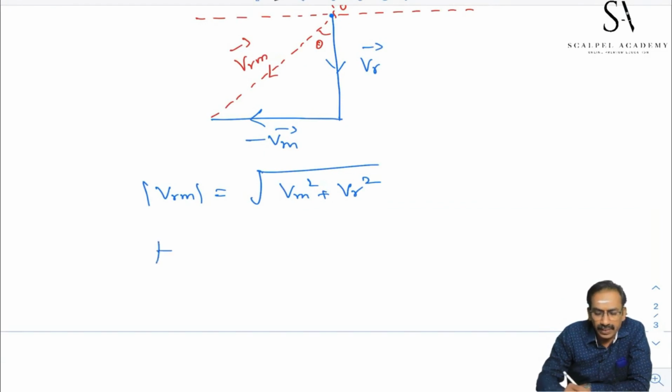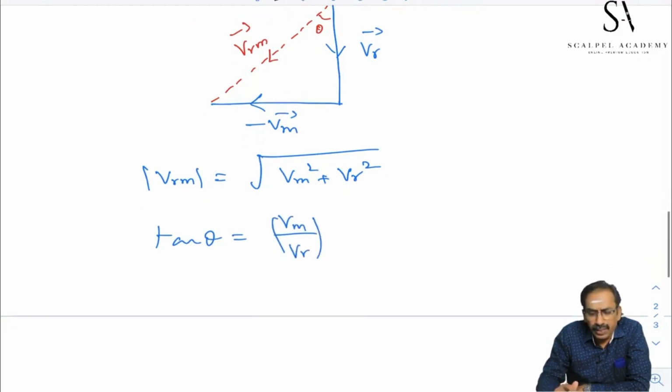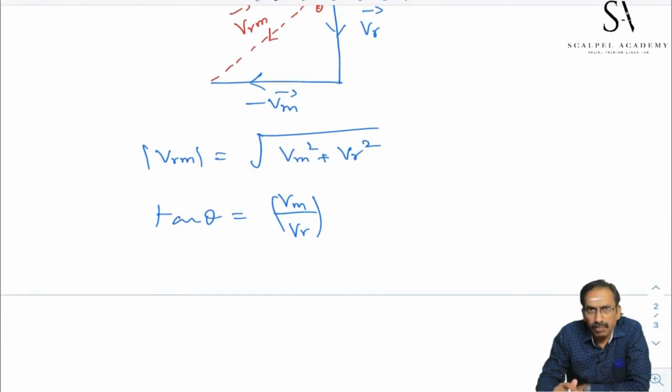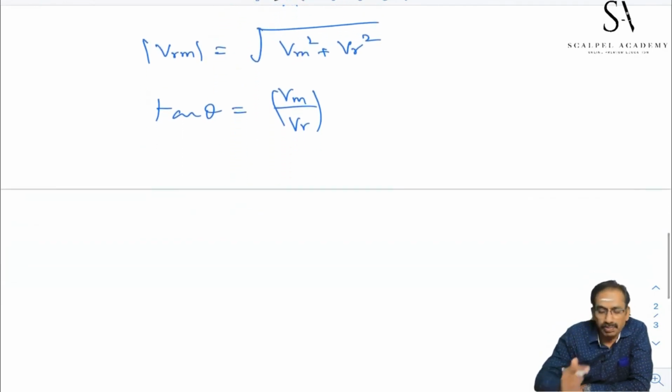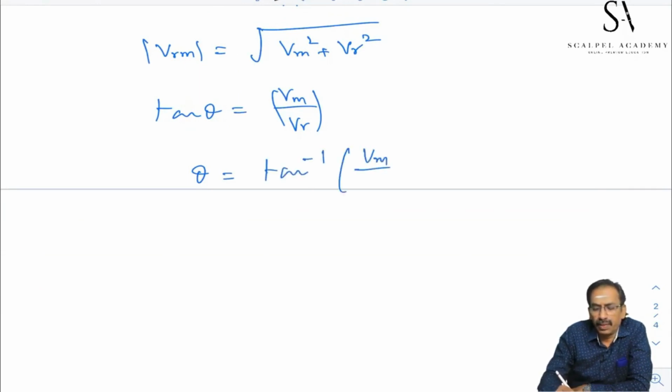The direction, if you calculate tan theta, is the magnitude of Vm by Vr. Theta is the angle made by this Vrm, the velocity of rain with respect to man, with the vertical. Then theta is equal to tan inverse of Vm by Vr.